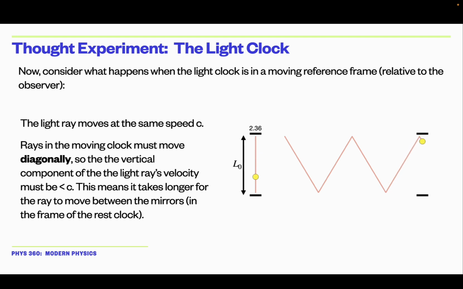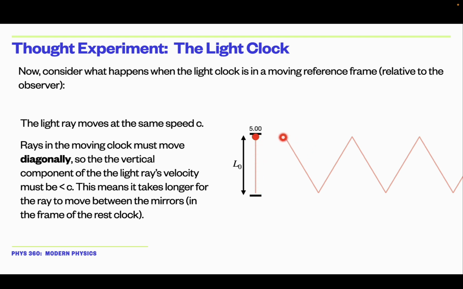So the point here is that if everyone sees the speed of light as the same value, then it means that the velocity of the light beam as it's going along the diagonal here has got to have the exact same value as this light beam going back and forth.